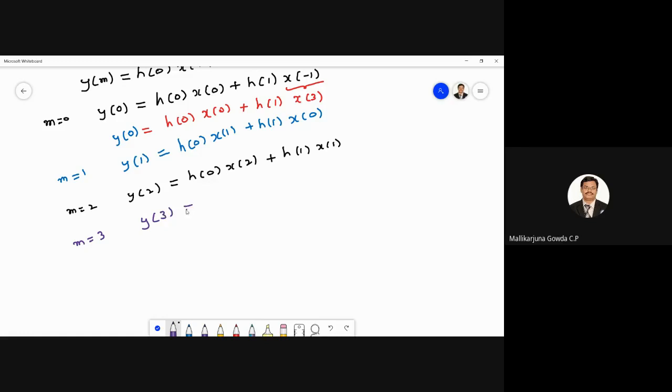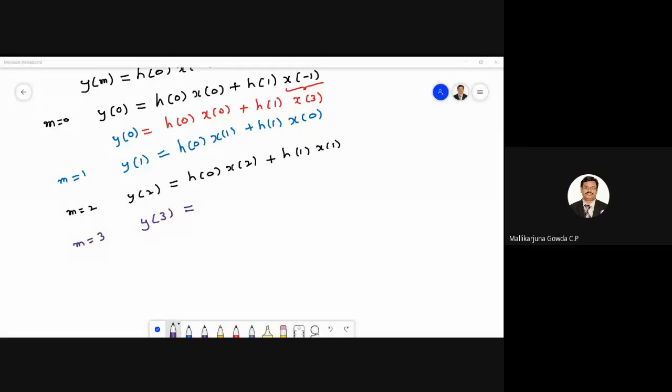Yes, y of 3. Be fast, somebody. I think you want me to name it. Yes, Chaitra, can you say? Chaitra is here.